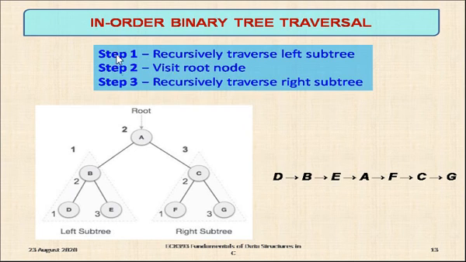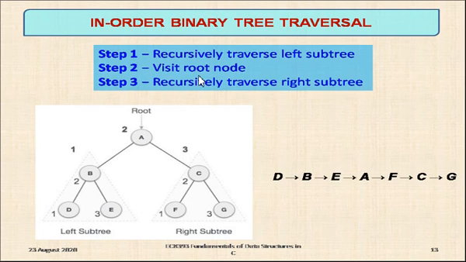The algorithm is: step one, recursively traverse the left subtree. We have to traverse the left subtree first, and then we have to visit the root. Then we have to traverse the right subtree. Recursion means calling the function within the same function. Here it's a simple tree having a limited number of nodes, but when we have more and more elements in a tree, we will have a lot of nodes further and further.